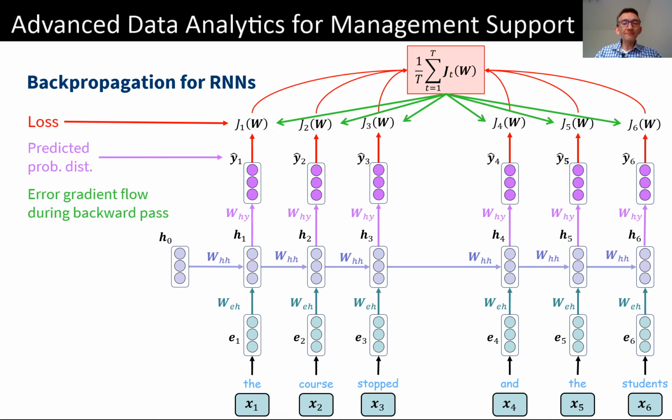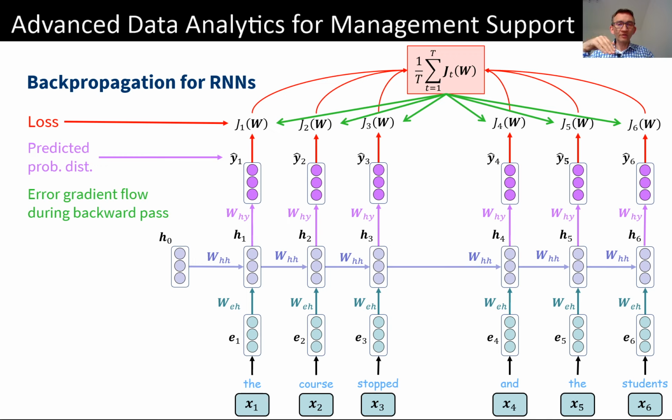And now we feed back this loss information into our neural network in the backward path to update these weights. And the green arrows indicate the gradient flow during the backward path. And first of all, that's not any different from backpropagation in an ordinary feed-forward neural network.